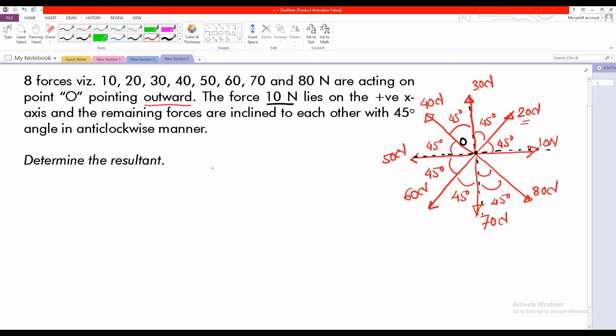The diagram that shows the resultant's position, the resultant which is going to replace all these 8 forces and going to be the one and only one force being acting as the single force in place of all this number of forces.